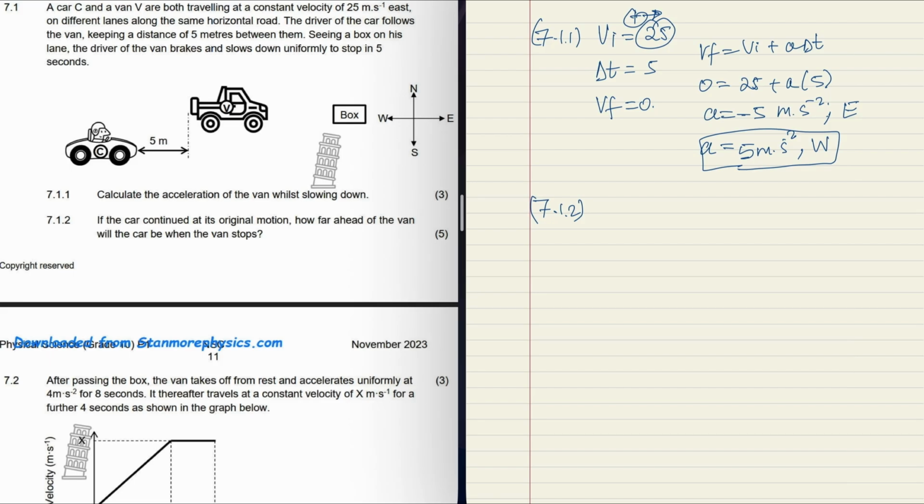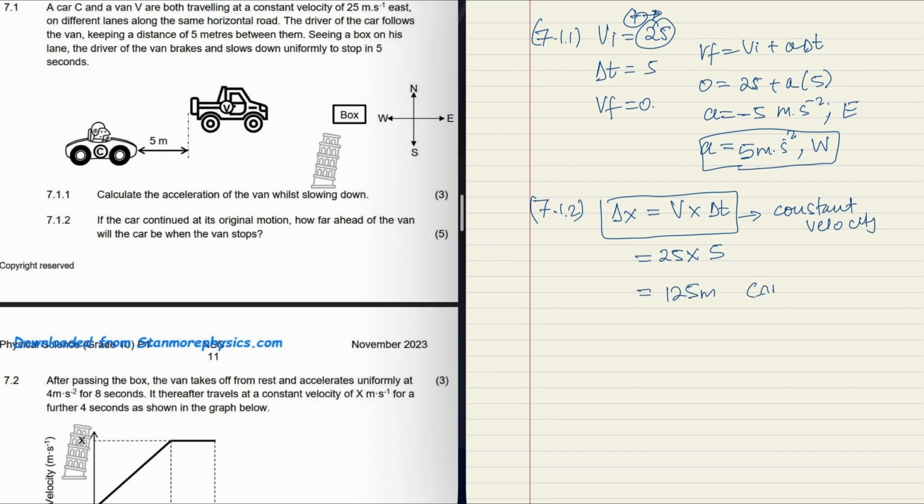The distance traveled by the car is going to equal V times delta T. We can use this equation because the car is traveling at a constant velocity, right? So 25 times 5 seconds is going to equal 125 meters.